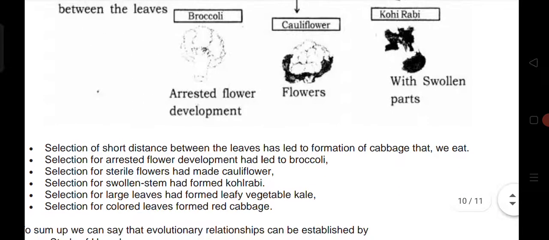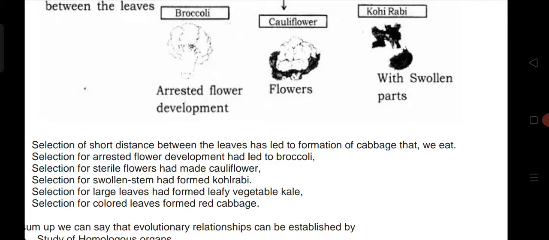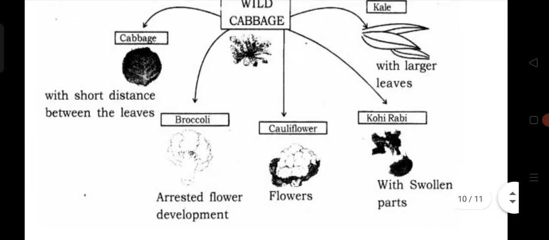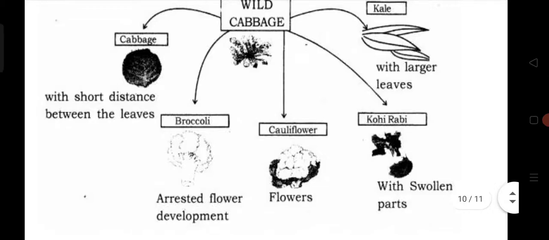The third is selection for sterile flowers, which made cauliflower. So when the selection is carried out for just the sterile flowers, then it leads to the formation of cauliflower. Next is the selection for swollen stem, which formed kohlrabi. So you can see here kohlrabi is the one which has the swollen parts.